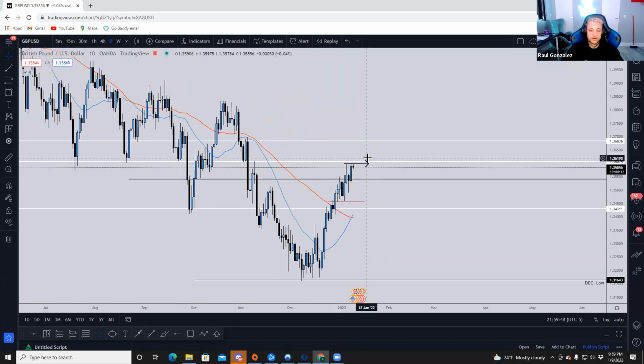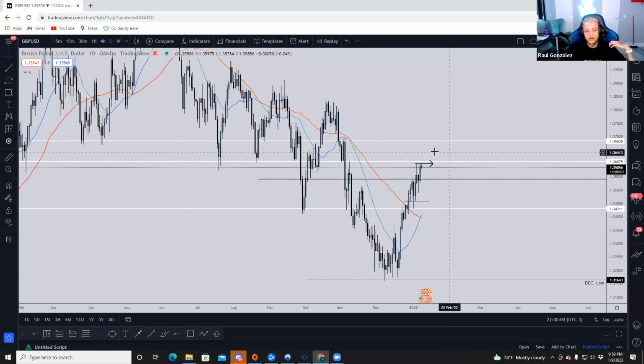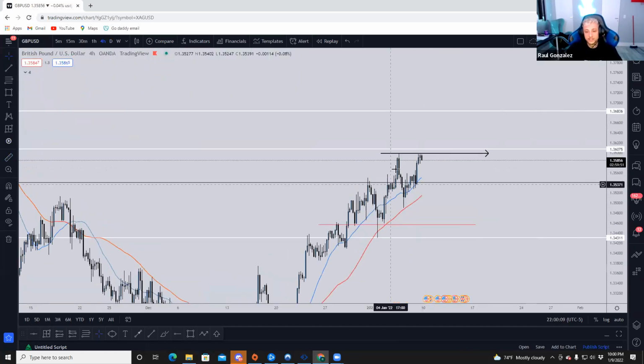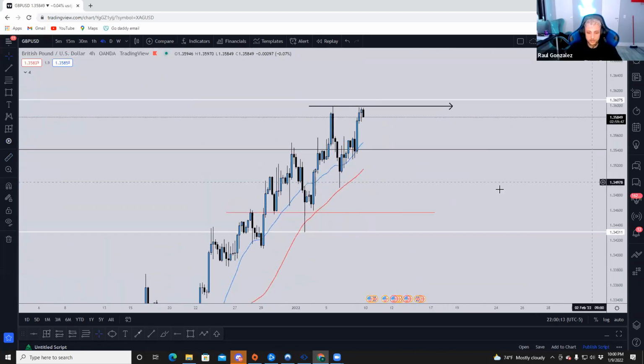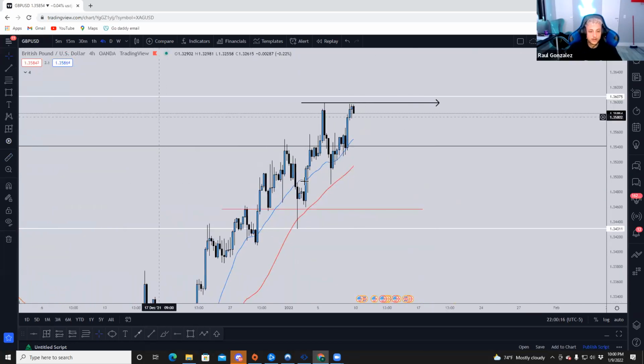Now, if it were to break above this 1.3660 level, then it could go up to 1.3700. So it just depends. If it breaks above the highs, it's going to keep going higher. If it doesn't break and this double top plays out, then we're going to trade lower. And in terms of looking for longer term sells, I would want to see what happens with this previous structure level here on the 4 hour time frame.